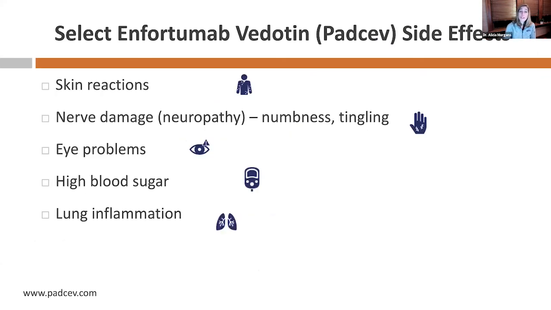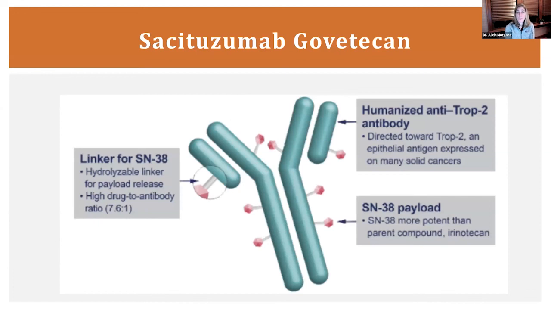But the ones I want to mention, just so that we're all aware, are some more potent skin reactions that your doctor needs to watch for, some pretty significant neuropathy, that numbness and tingling in the longest nerve in the body and the fingers and the toes, sometimes eye problems, though not as commonly as erdafitinib, high blood sugar, which is kind of a unique thing about this, and inflammation in the lungs, a little bit of cough. So important that a doctor is monitoring and watching, but generally quite a safe treatment under a doctor's supervision.